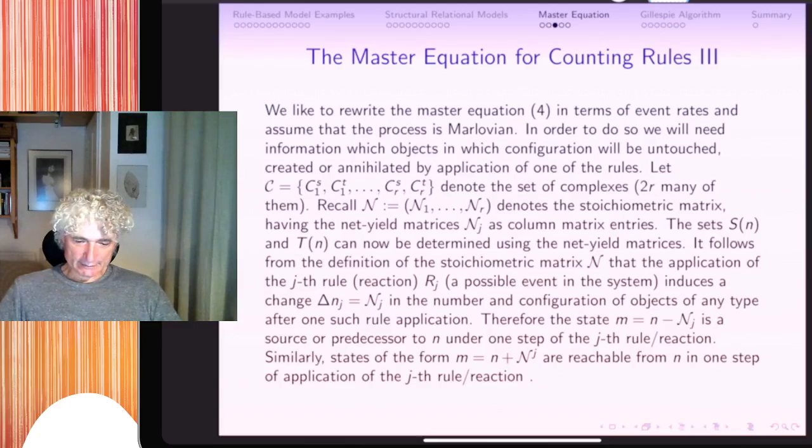We know that a certain configuration, let's say m, is reached by a configuration n minus the stoichiometric entries from the jth reaction or event, which we previously denoted by nj. In the same way, of course, you can also say that m is n plus nj, so you can actually compute the predecessor and successor states of n with the help of the reactions and the stoichiometric matrix.